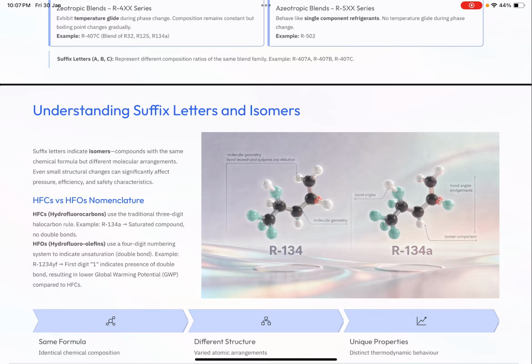So hydrofluoroolefins with double bonds have a number which is not a 3-digit number like hydrofluorocarbons. It has a 4-digit number, and the first digit would indicate the presence of the bonds. So one would mean that there is one unsaturated bond or double bond.